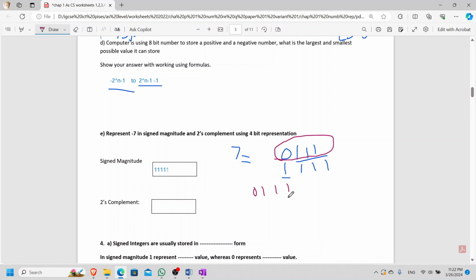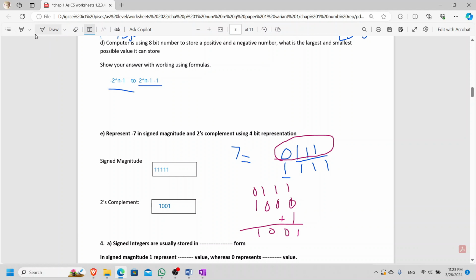For negative 7 using 2's complement, I will invert all the values, 1 0 0 0, and I will add 1 over here, and what I get is 1 0 0 1. So my final answer over here is 1 0 0 1, right? So see, minus 7 can be represented using two different values. This is for sign magnitude, and for 2's complement, this is the value.